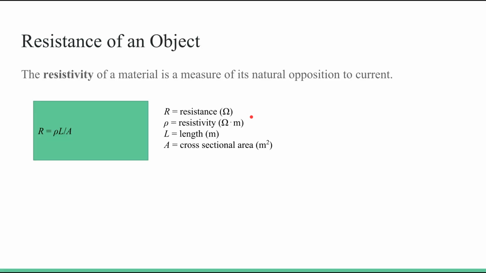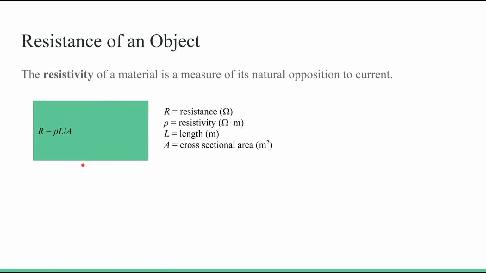So the actual resistance of an object is measured by R equals rho times L, the length, divided by A. And this rho is the resistivity.